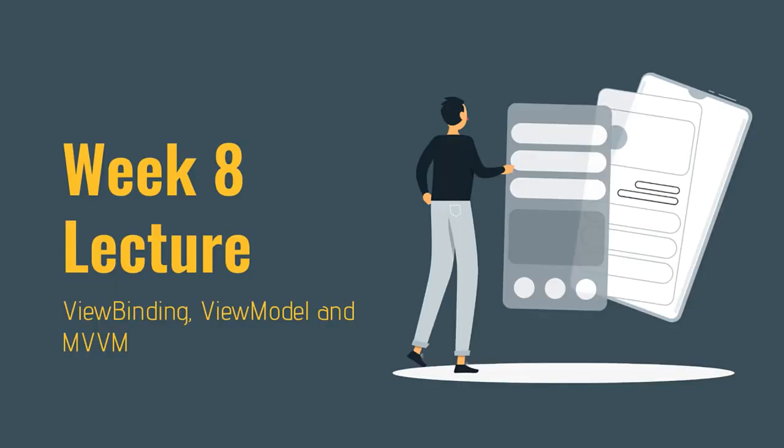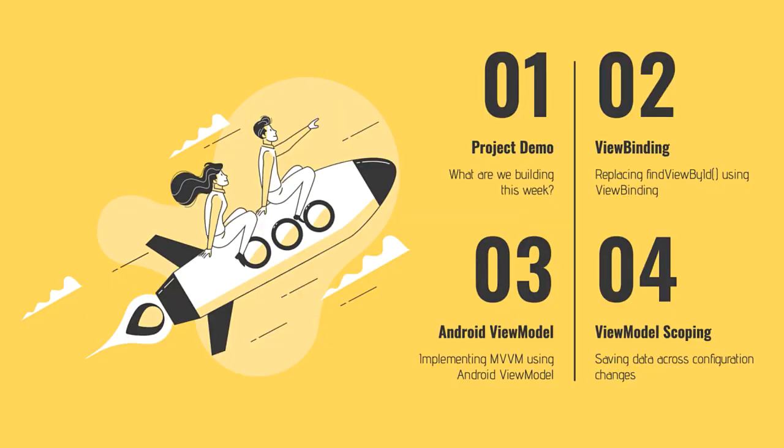All right, let's jump into our lecture for this week, where we're going to be talking about ViewBinding, the Android Architecture Component ViewModel class, and a general MVVM architectural pattern. So we'll go over a quick project overview. What are we building this week?